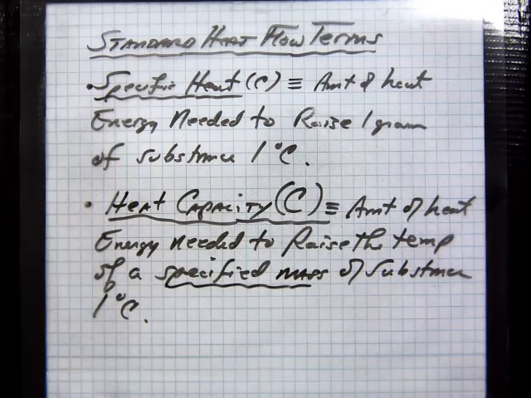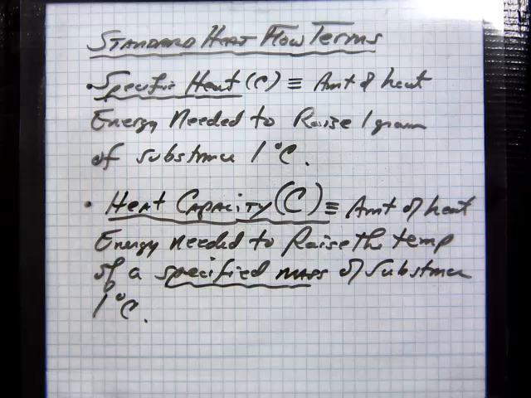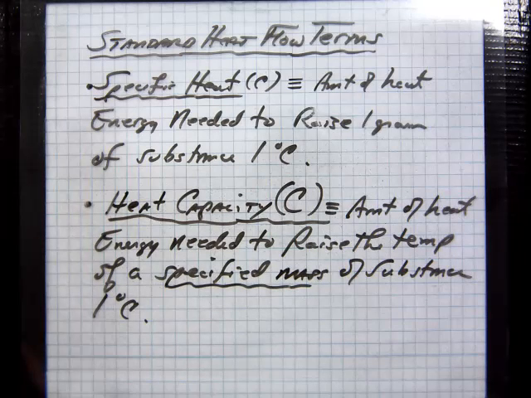In other words, the mass hasn't been defined. So you could pick your own mass quantity, kilograms if you wanted to. Heat capacity in joules per kilogram degree Celsius and this kind of thing. When we apply a specific mass, it becomes closer to a specific heat capacity.